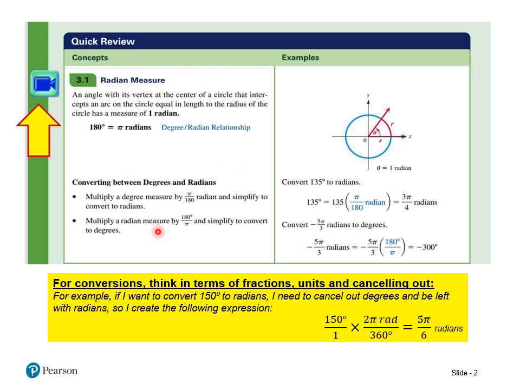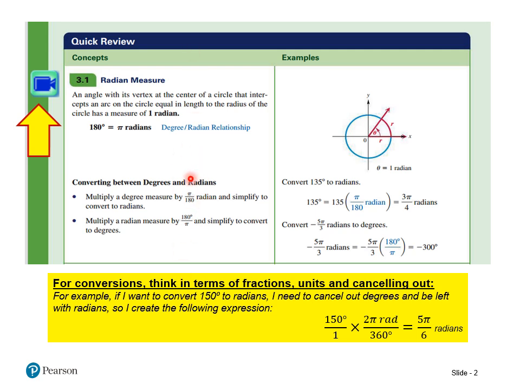When you're doing conversions, instead of remembering that multiplying a degree by pi over 180 converts it to radians, I tend to think more in terms of fractions, units, and canceling out. For example, if I want to convert 150 degrees to radians, I have to remember, do I multiply by pi over 180 or by 180 over pi?